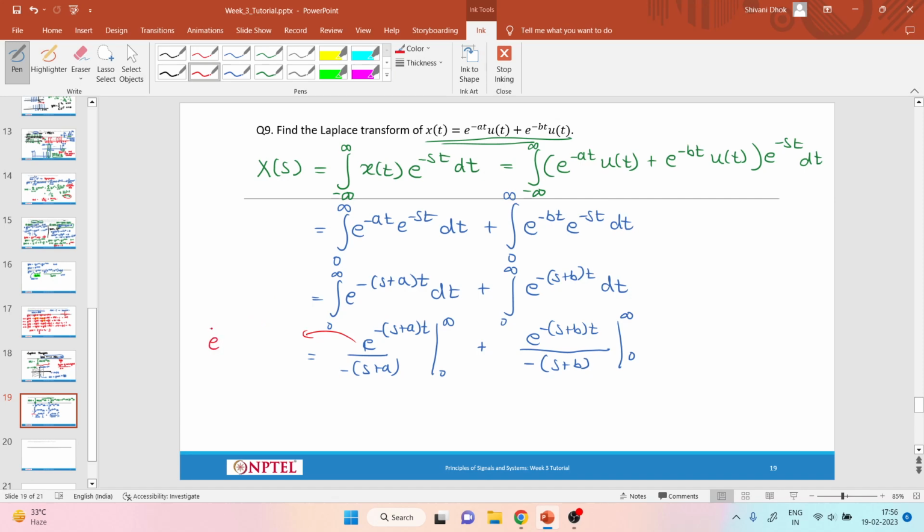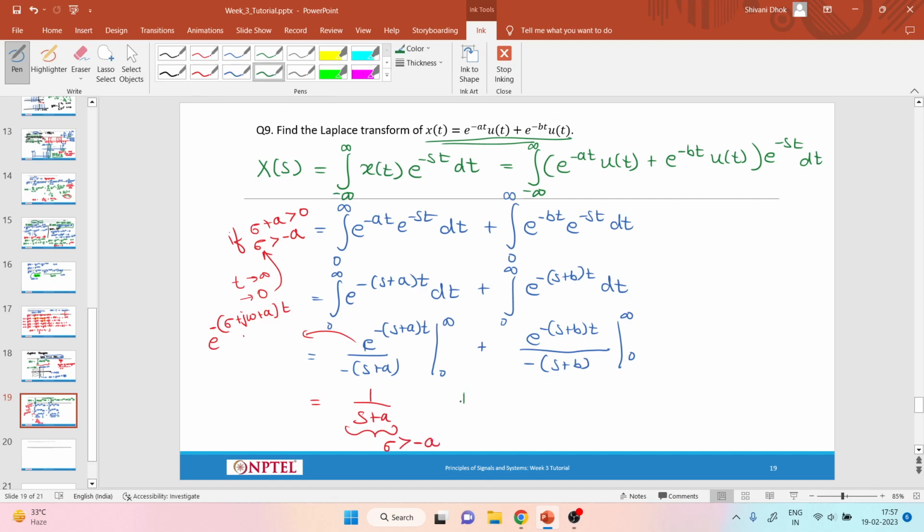It is equal to e power minus (sigma plus j omega plus a) t. Now at t tending to infinity, this will tend to 0 if sigma plus a is greater than 0, that is, sigma is greater than minus a. So this will come out as 1 upon s plus a when sigma is greater than minus a.